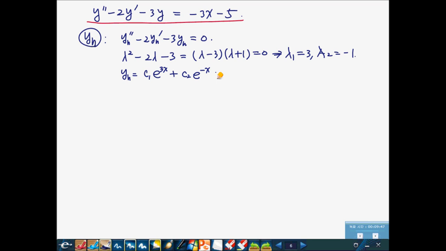That's our homogeneous part. We always get this first. Whenever you see a non-homogeneous equation, you always get the homogeneous part first, all the time. Don't forget. No matter what, you first get y_h, by having 0 on the right-hand side.